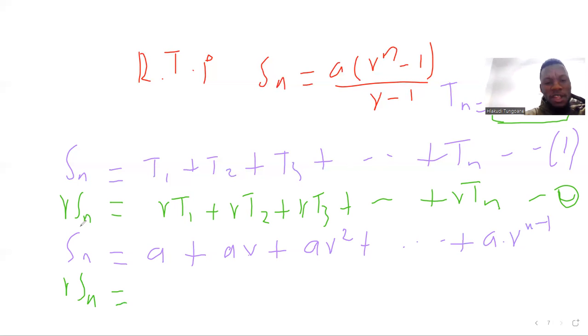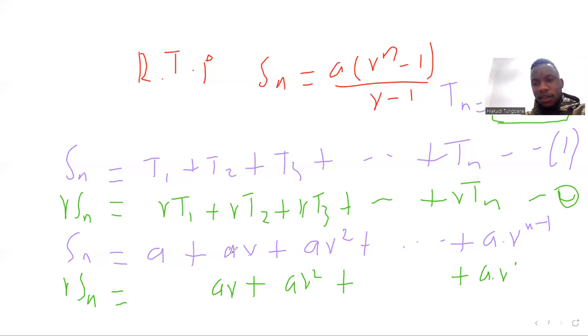So I'm just going to move one step further, just to show you a trick here. If you multiply, I'm going to have AR as the first term, and then I multiply this term by R, this one by R. So I'm going to get AR squared, and if I continue to the end, I'm going to have AR to the power of n minus 1 plus AR to the power of n.